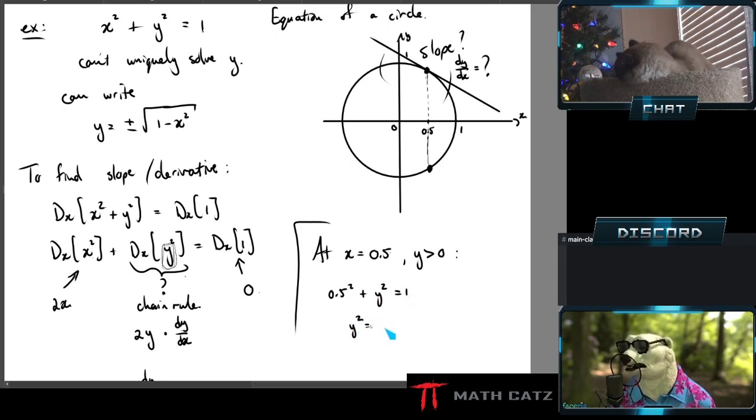So y squared is going to be 1 minus 0.5 squared. I'm probably going to have to open my calculator here. And then y is simply the square root of that.